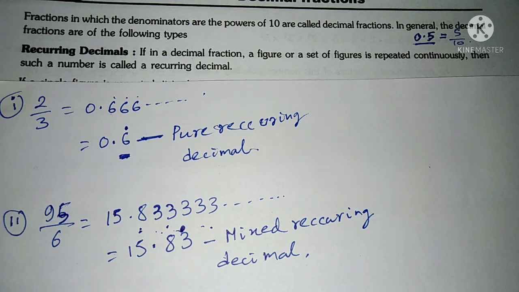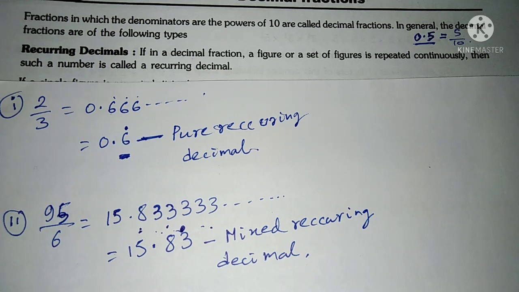The numerator will not be perfectly divisible by the denominator, and a number or a set of numbers will continuously repeat after the decimal point. And non-recurring decimal: if there is an end after the decimal point, there will be numbers, but those digits will have an end. They are not going to repeat again and again.